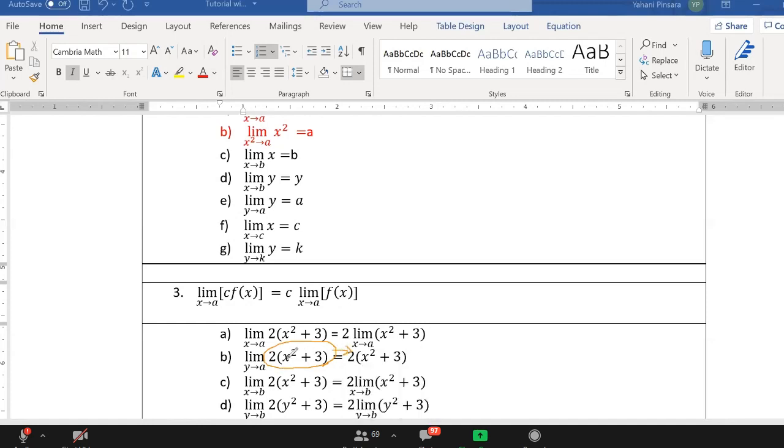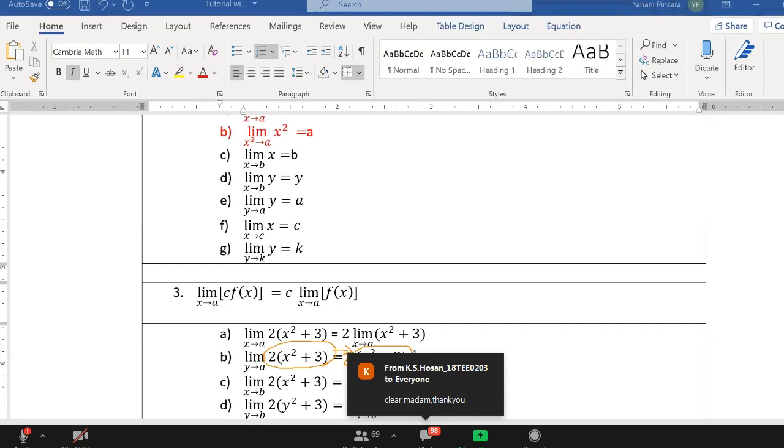That's why the limit is not there in this solution, right? So Hosan, are you clear now? Hosan, please answer. Okay, thank you. Thank you for asking the questions. So I'll move on to the next part.